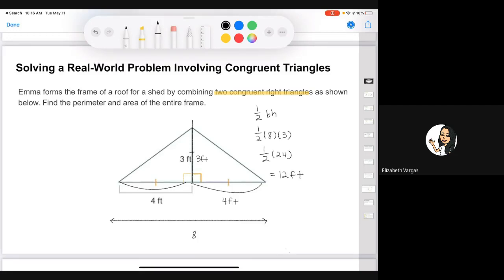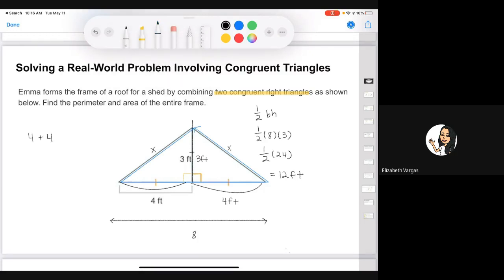Now to find the perimeter. To find the perimeter, we add all of our components together. So I'm adding 4 plus 4. And then what I need to identify is the measure of these. I know the measures of these will be equal to each other because, again, those two figures are congruent. But I need to find that missing side length, because my perimeter has to be this whole outer portion. And so I need those two side lengths, okay?